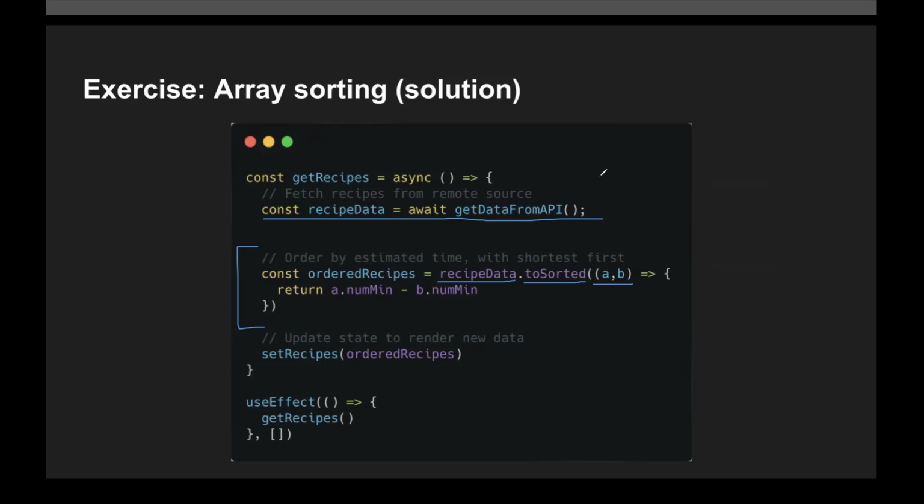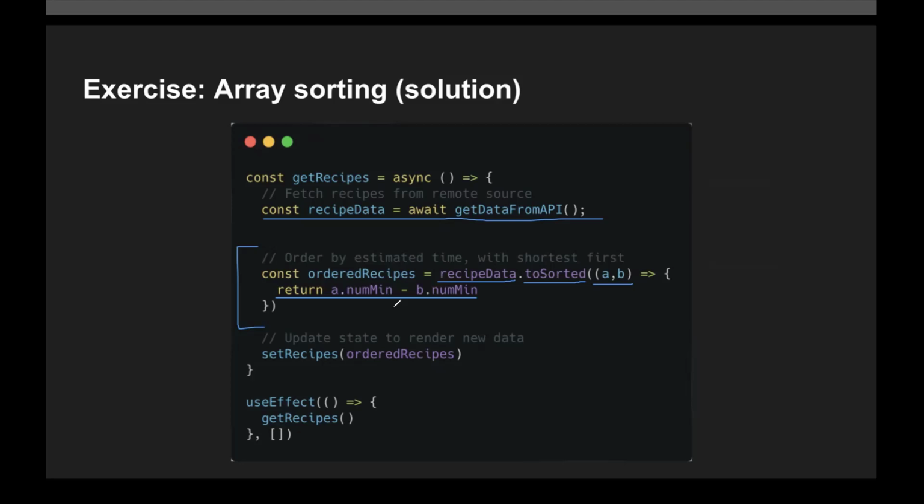The way it works is that this is denoted by returning either a negative number or a positive number. That's what I'm doing here with this return statement. For any two objects in this array, which have the recipe object data structure we looked at before, I want you to compare the num minutes properties on each of these recipes and then do some comparison.